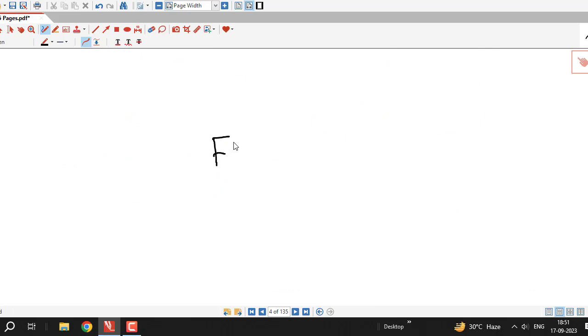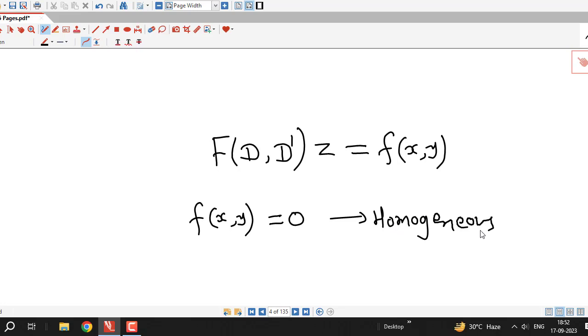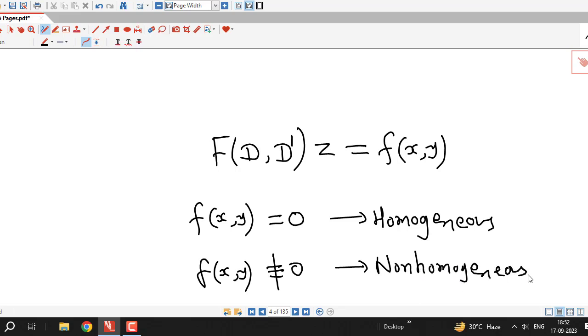So remember that we can always write a linear partial differential equation with constant coefficients in this form, and if the function on the right hand side, f of x, y, is 0 for all x and y, then this equation is called a homogeneous partial differential equation. And if we have a non-zero function on the right hand side, then the partial differential equation is called a non-homogeneous partial differential equation. So this is one characterization.